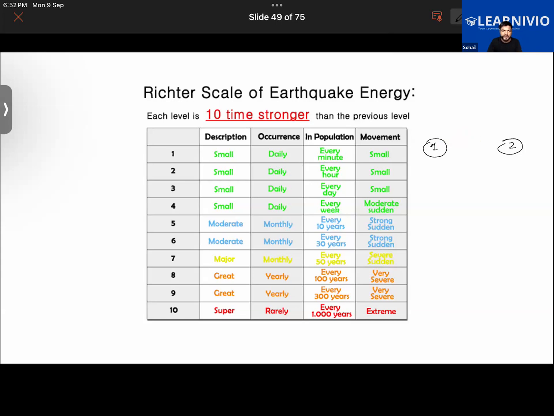But in terms of magnitude, the destruction it will cause, and its strength, it is actually 10 times stronger than the earthquake with magnitude 1. It's not 1 time stronger, but 10 times. Similarly, an earthquake with magnitude 3 will be 10 times stronger than one with magnitude 2. That is what it means.